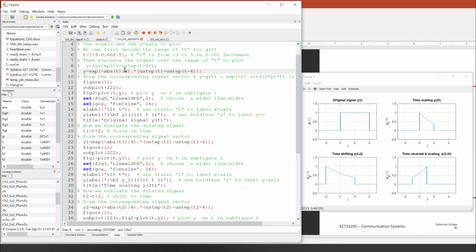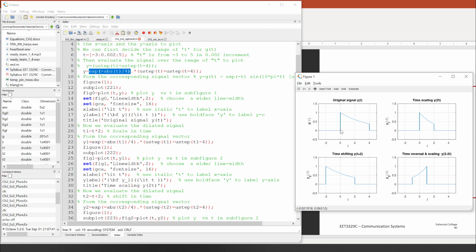So putting it back to where it was originally, where I'm multiplied by the absolute value of the exponential, all the way back to here. Now you see the original y of t, and we know that it has this shape because we know what the difference of those two unit steps does. Here's a time compressed one, that's the upper right-hand side.